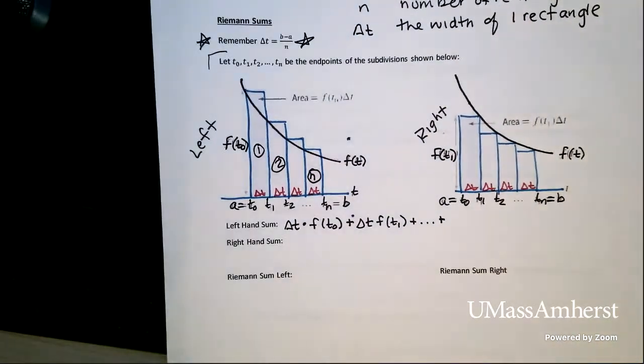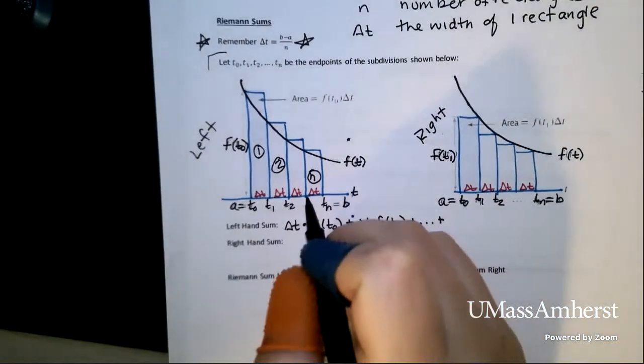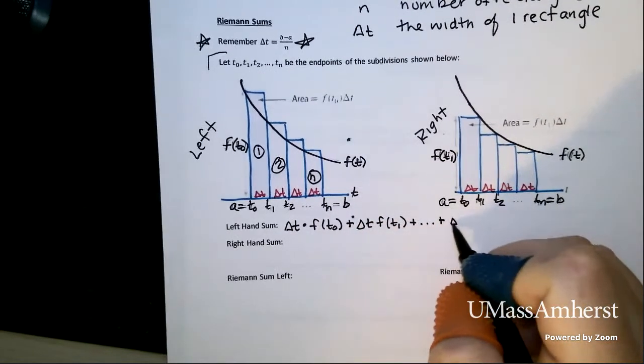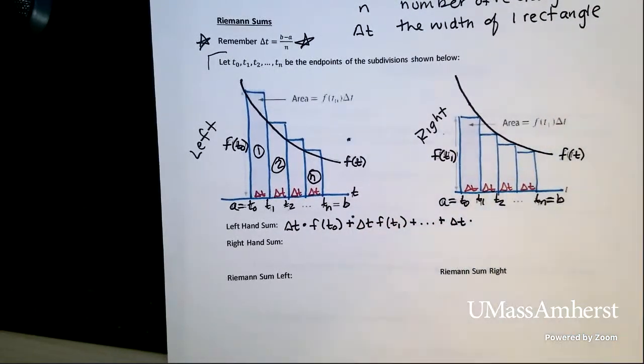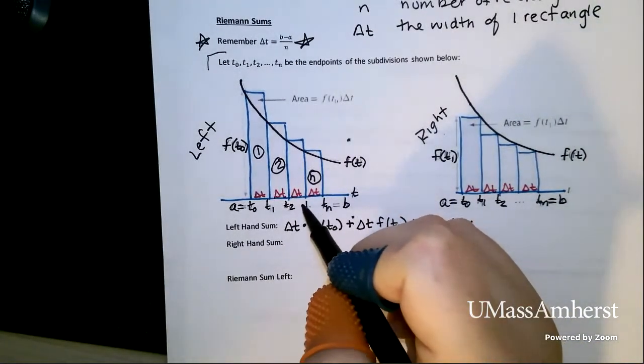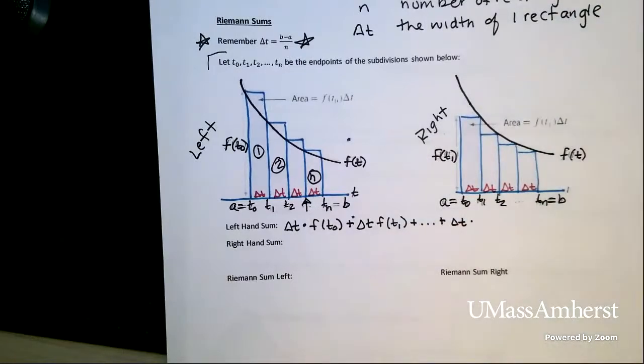So this is the very last one. So maybe there's 10, maybe there's 20, however many we put in. Whatever this last rectangle is, the width is still delta t. And the way we represent the height of the last rectangle, we would need this particular notation, this little subscript.